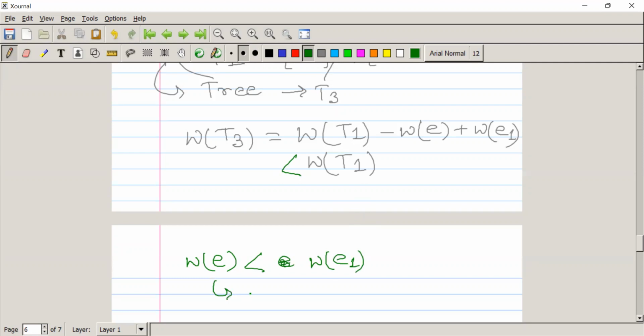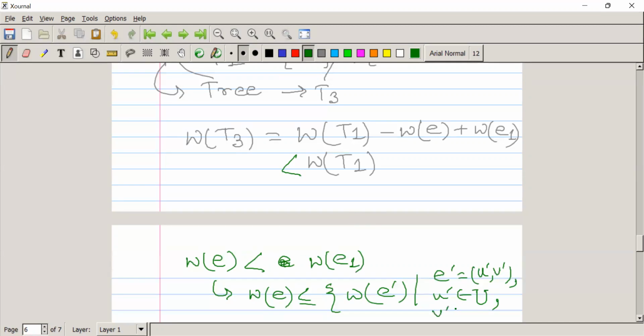Why? The weight of E was less than or equal to the weight of E prime, such that E prime equals some U prime V prime, where U prime was in U and V prime was in V minus U.